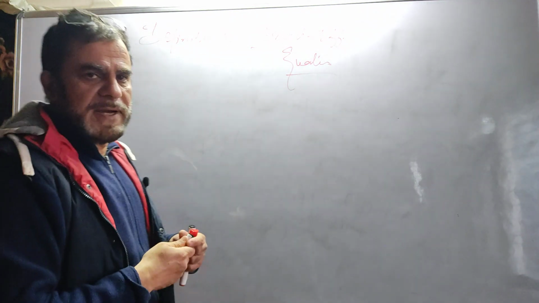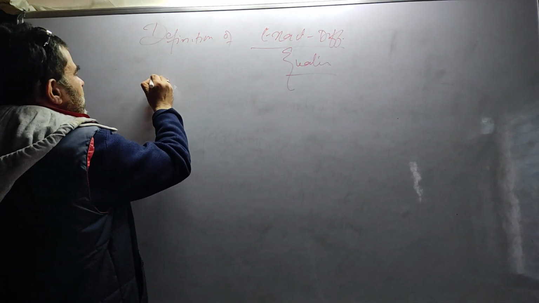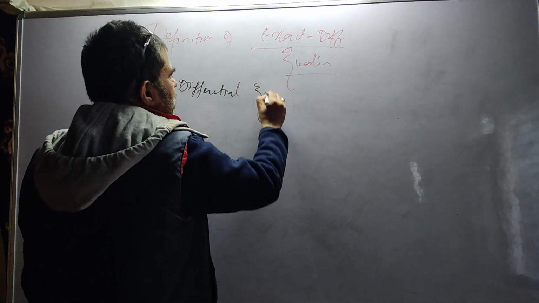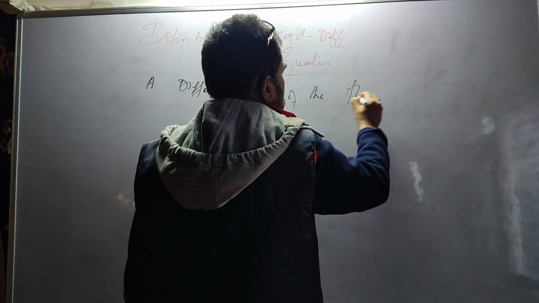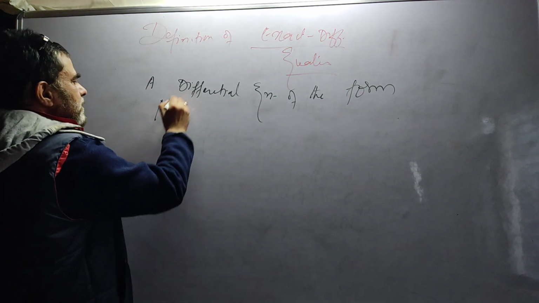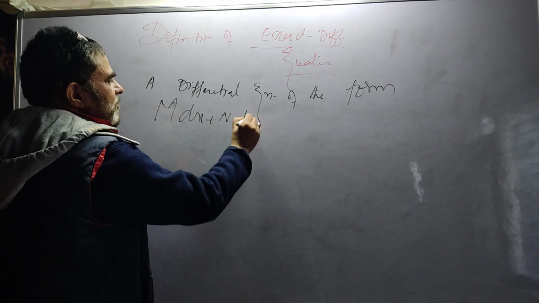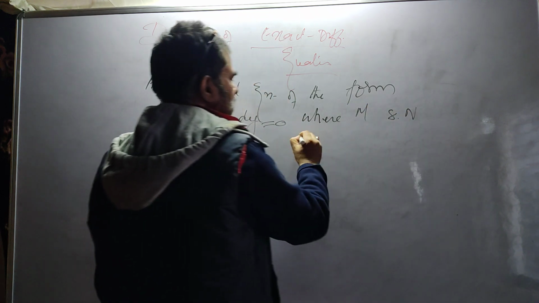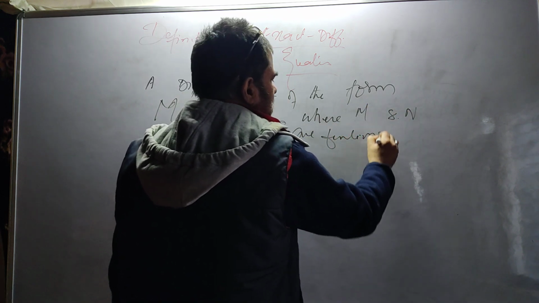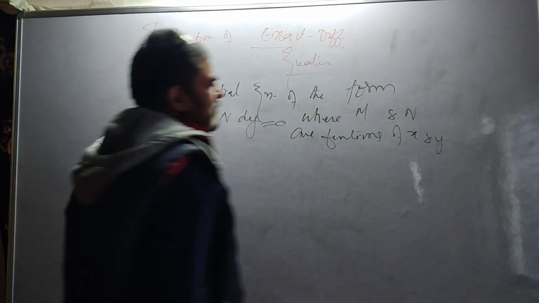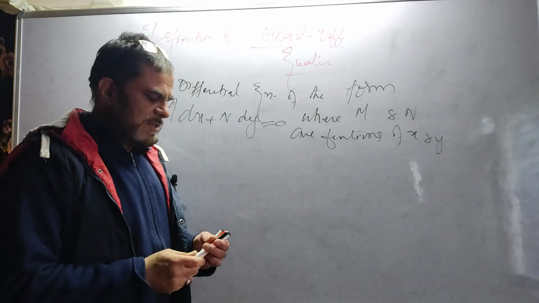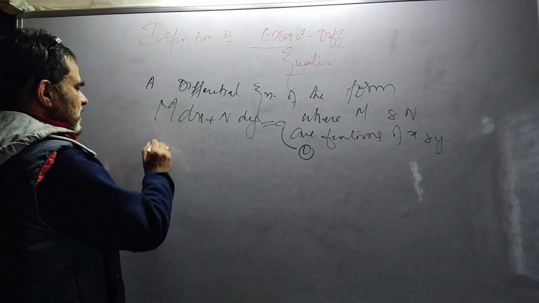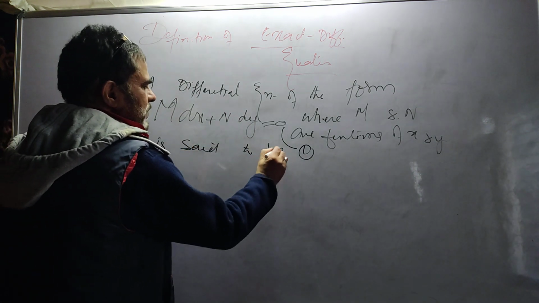How do we define it? We say a differential equation of the form M dx plus N dy is equal to 0, where capital M and capital N are functions of x and y, is said to be exact.